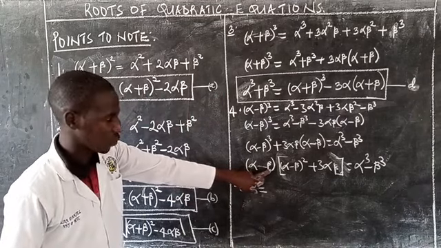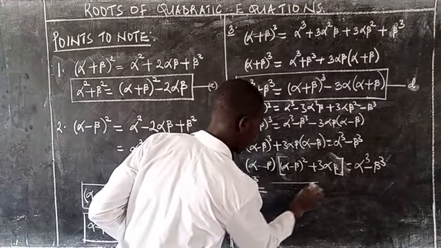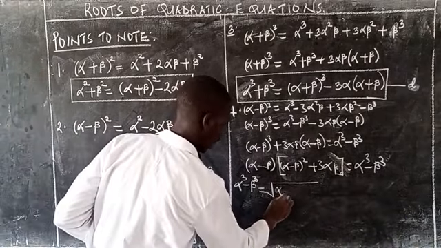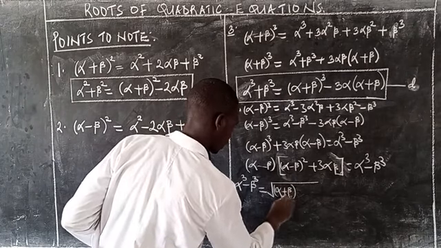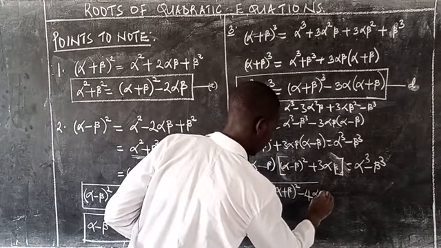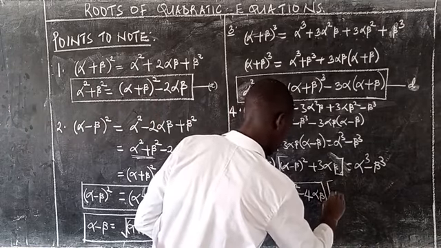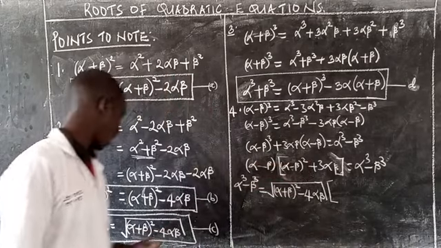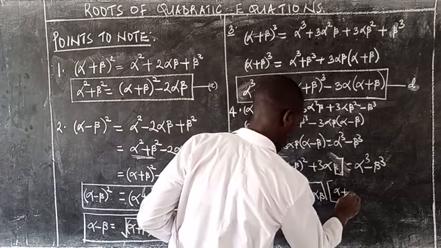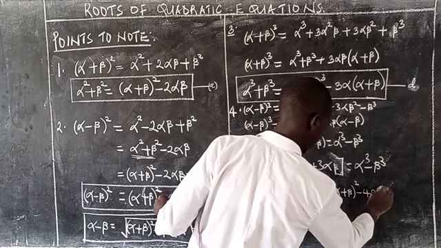Instead of writing alpha minus beta, we shall write the square root of (alpha plus beta) squared minus 4 alpha beta. That is only this part. Then into (alpha minus beta) squared, we shall have it as (alpha plus beta) squared minus 4 alpha beta.